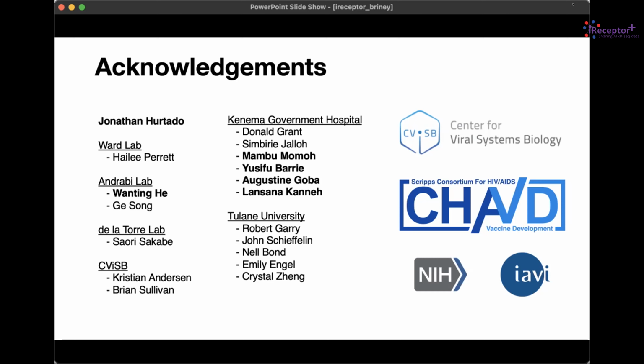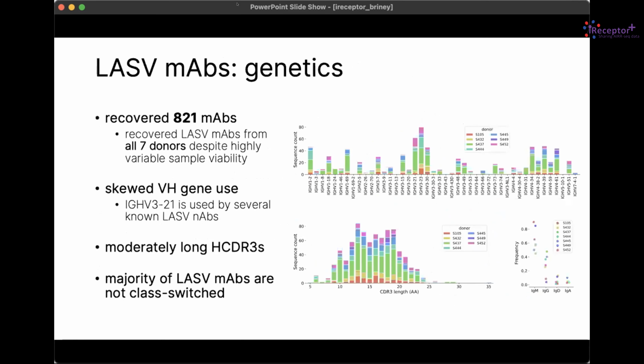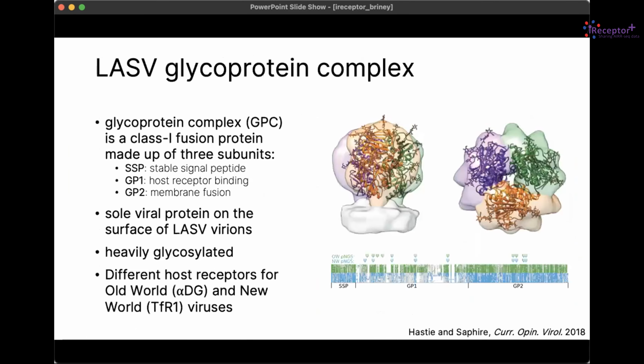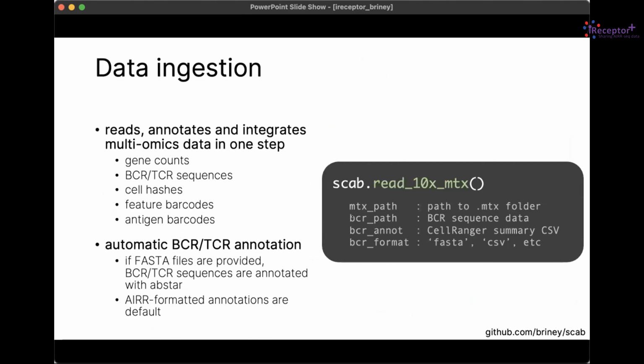So Kira asks if this tool that you talked about can be applied to TCRs. Yes, it can. If I scroll back to the first thing that I showed, in this read function, if you just switch BCR for TCR, you can provide the BCR path, the BCR annotation from Cell Ranger, and the BCR format, which can be either FASTA or a pre-annotated format.